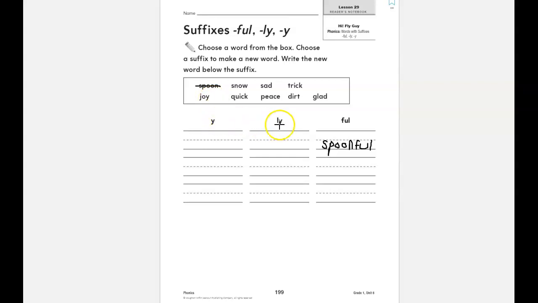E, ly, full. Write the word joy with its new suffix ending underneath the correct category. For the word quick, what ending would you add? E, ly, full. Write the word quick with its new suffix ending underneath the correct category.